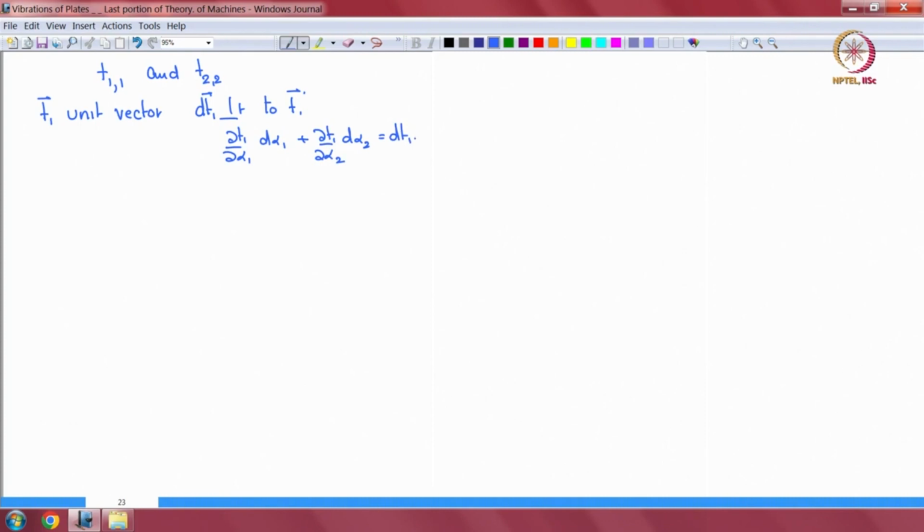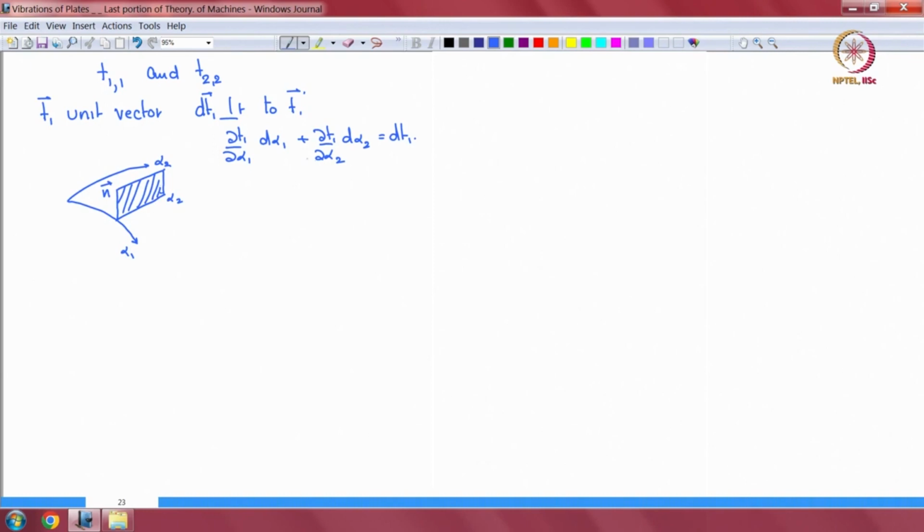Okay. So, now if we draw a picture, this is alpha 1, this is alpha 2. So, T1 comma 1 will lie in the N and alpha 2 plane.